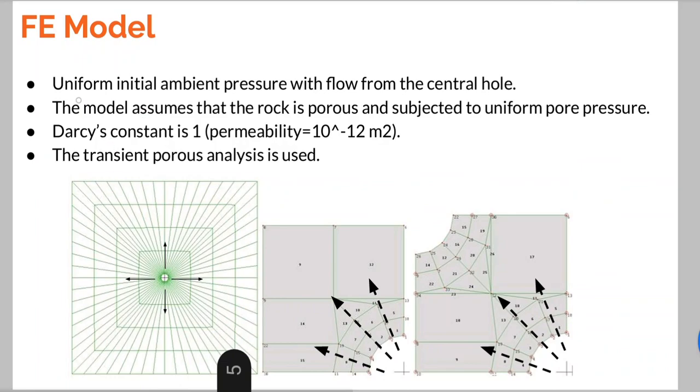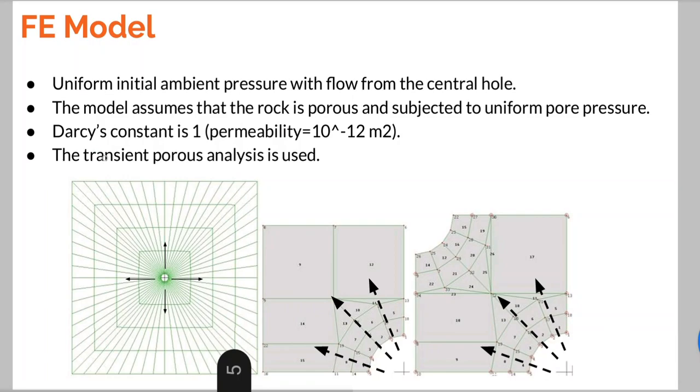Also in this model, a uniform initial ambient pressure flowing from the central hole has been used. The model assumes that the rock is porous and subjected to uniform pore pressure. Pore pressure is the pressure inside the cavity.